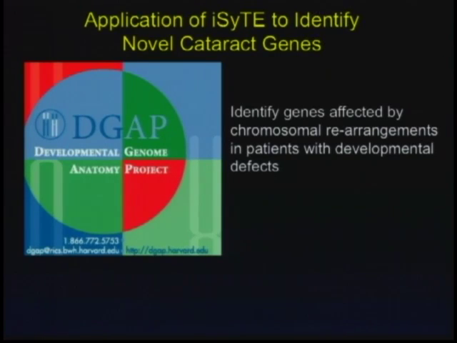The principle of it is that if we could identify patients who had developmental disorders and who carried balanced translocations, and if we could nail down the genes affected as a result of these breakpoints, we should be able to assign the gene to the particular phenotype that we were interested in.